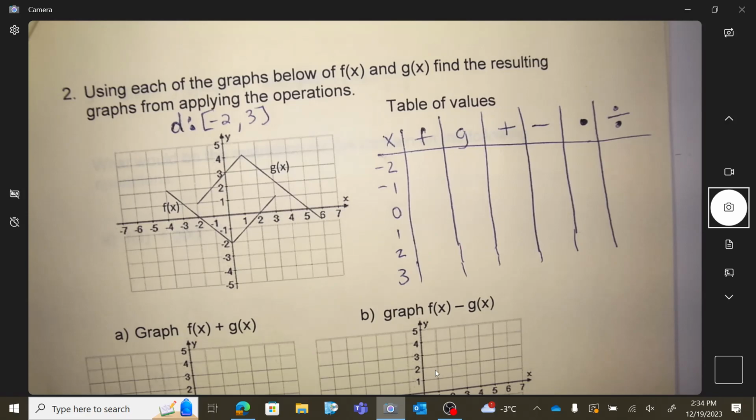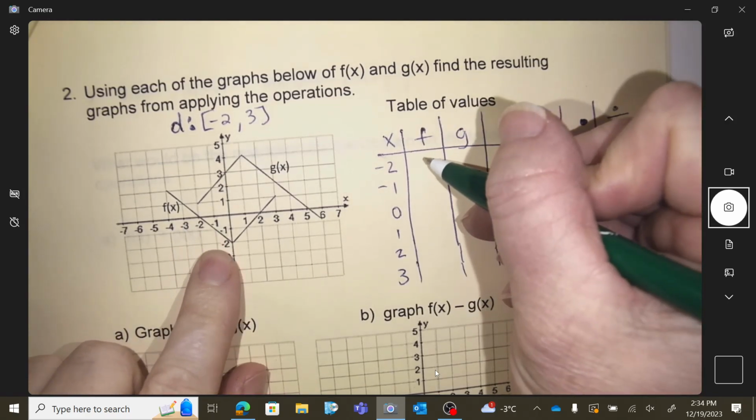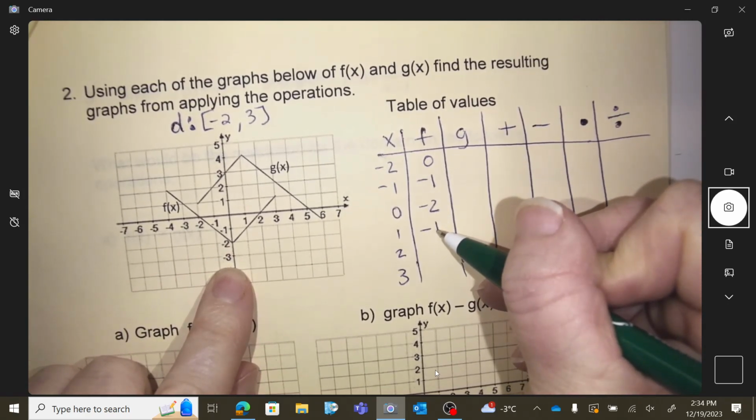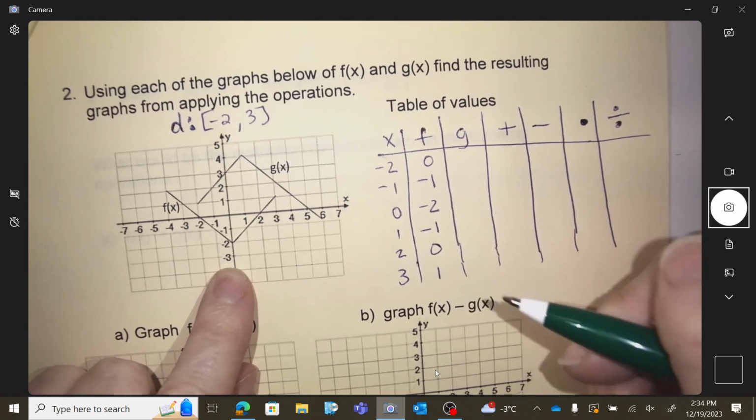Okay, so get me all the f values. So we go from 0, -1, -2, -1, 0, 1.